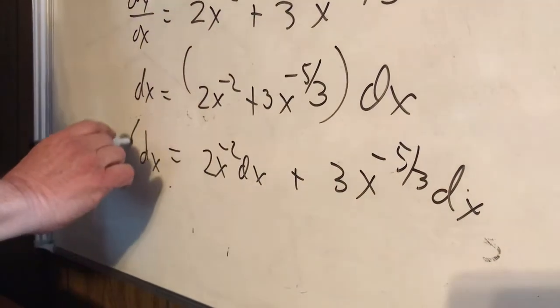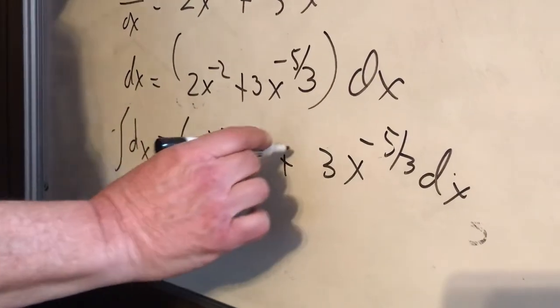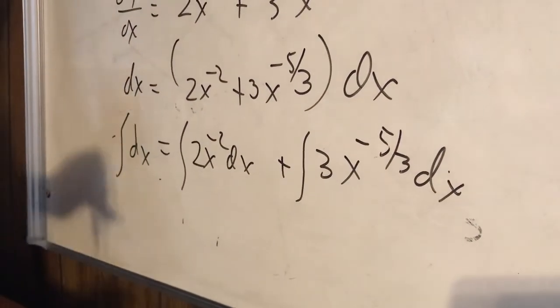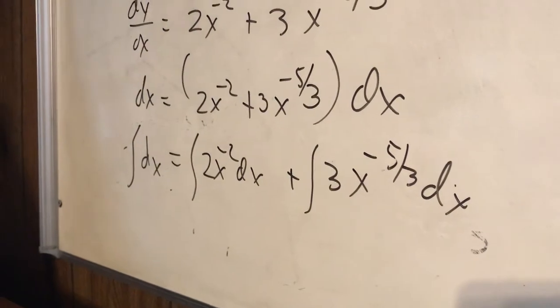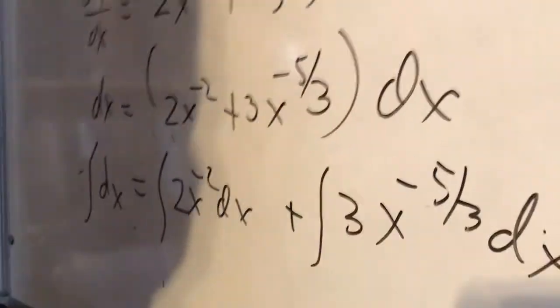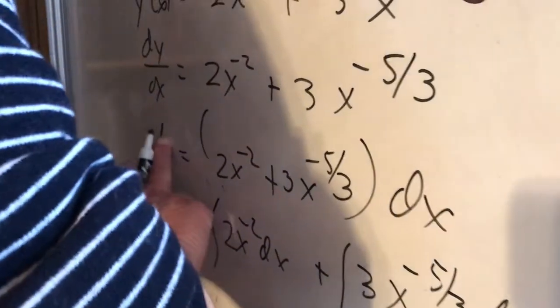And put the integral sign on each term. So now we have to integrate that term. We have 2 terms here. Is it dy over here? That's a dy, right? Thank you.